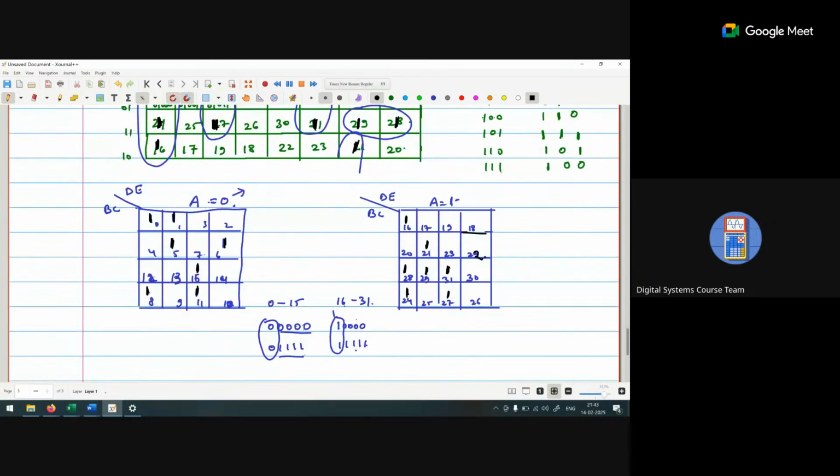Yeah. Now the thing is that if I take this particular value and this particular value and create a group of these two, then for these two values B, C, D, E variables are constant, only A is changed. It is a similar structure.